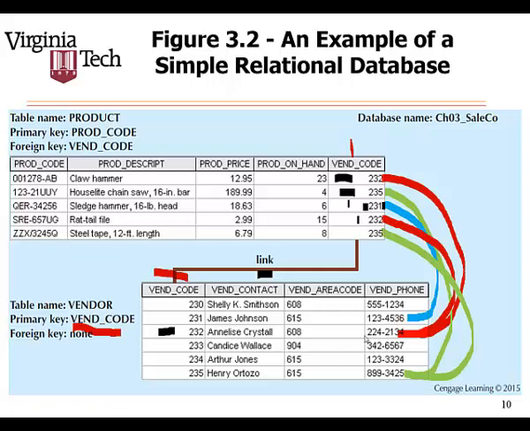Now, I want to bring up one other thing while we're here. Right here, we have one instance of vendor related to two instances of product. And I think that makes sense. One vendor can supply many products. This is a one-to-many relationship where one instance of vendor is associated with many instances of product. And one instance of product is associated with one and only one instance of vendor.